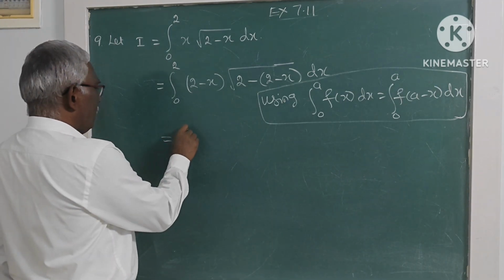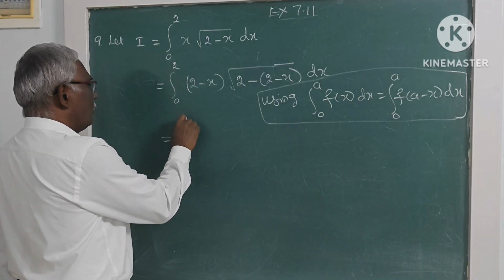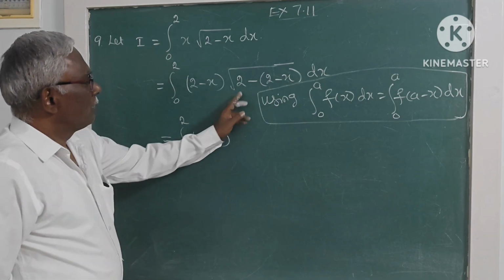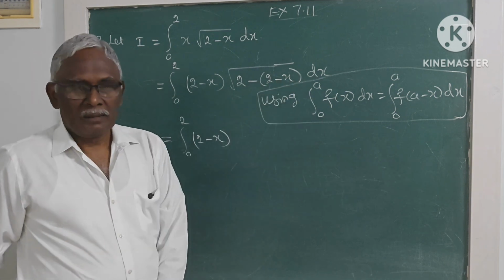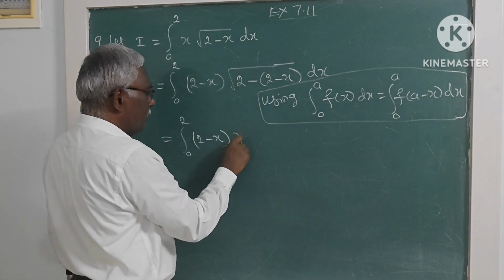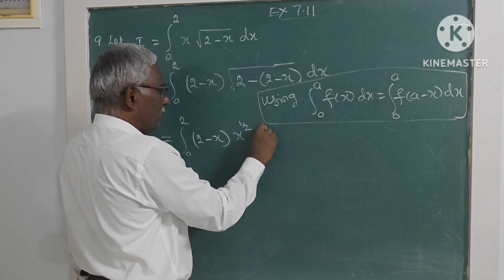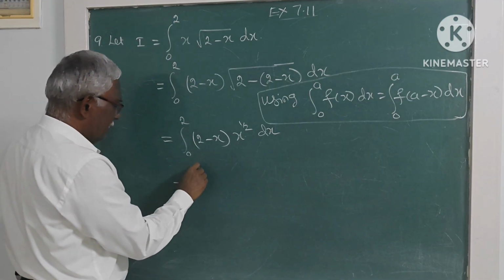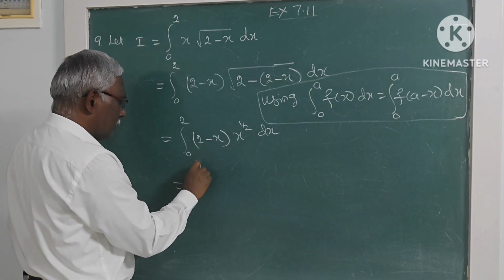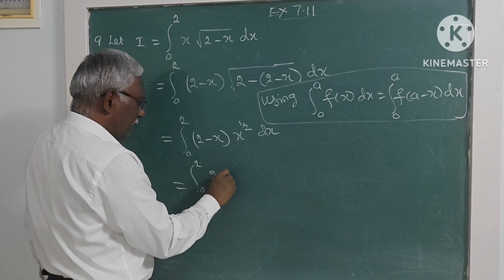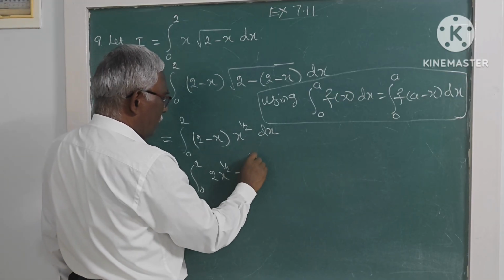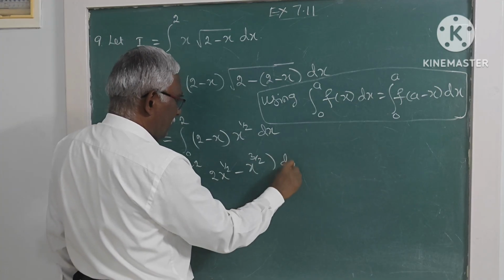Now this reduces to integral 0 to 2 of (2 minus x), and 2 minus 2 plus x, so this will become x power half dx. I will multiply: 2 into x power half minus x power 3 by 2 dx.